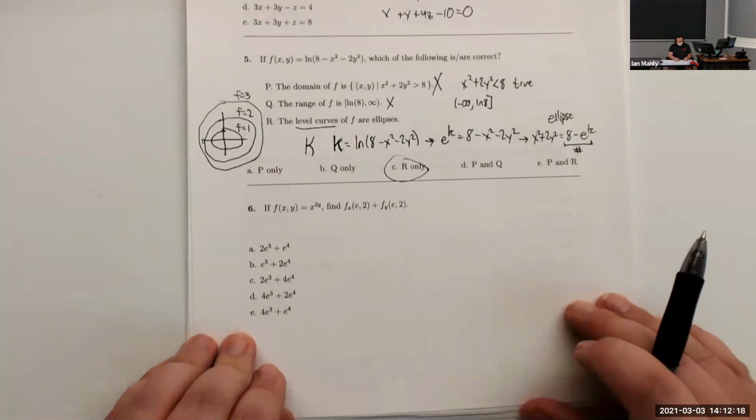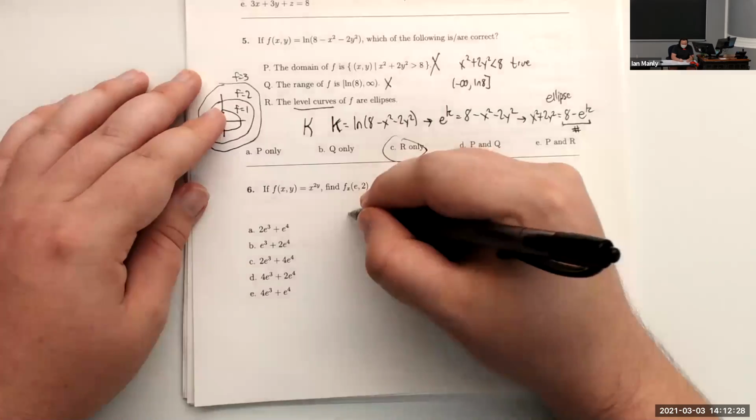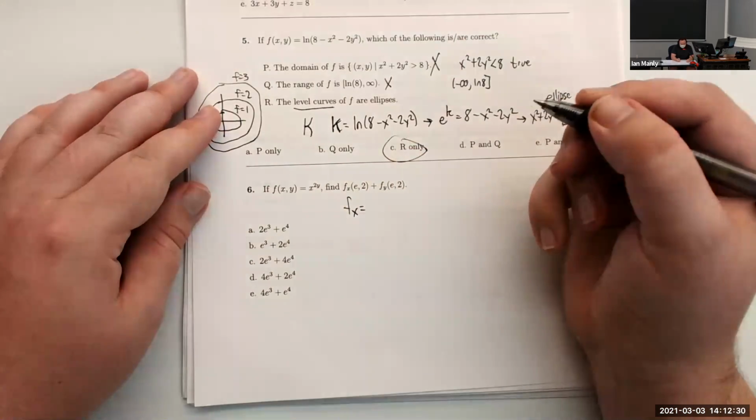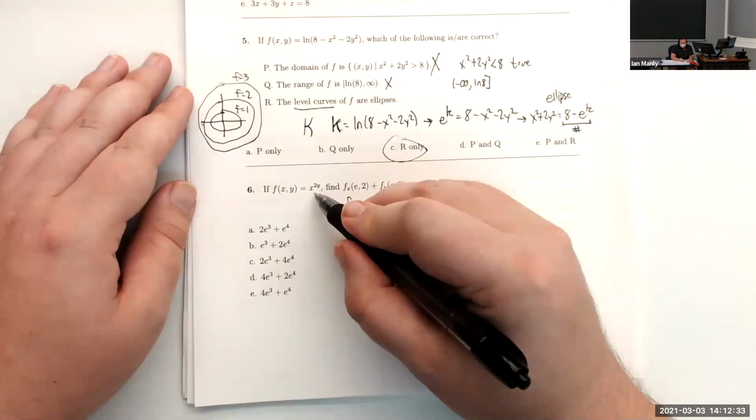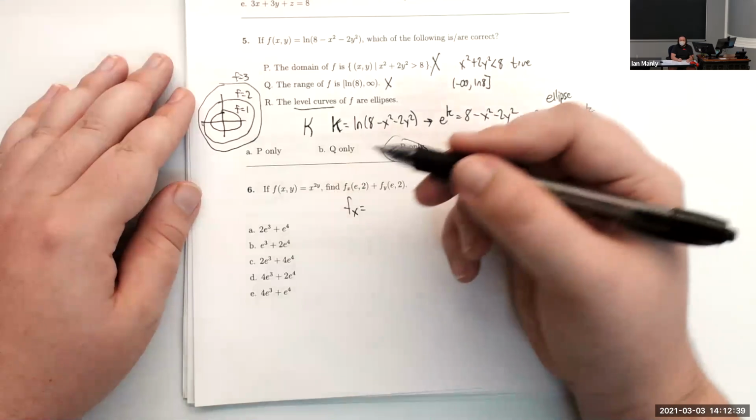All right. So let's move on to number 6 here. Number 6 wants us to find these partial derivatives and then add them together. All right. Well, what's fx going to be? Well, in this case, x is our variable and y is a constant. So we have a variable raised to a constant power. How do we do the derivative of that?